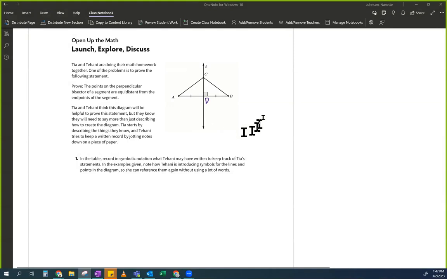What have you not talked about besides the fact that this is a midpoint, the fact that this is congruent to this? There's one more thing. It has to do with, look at all the symbols. Have you talked about all the symbols in here? What's something that you haven't talked about?